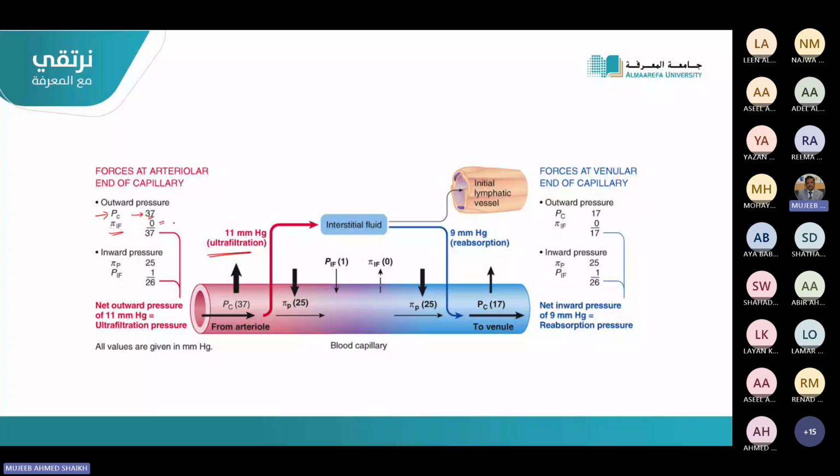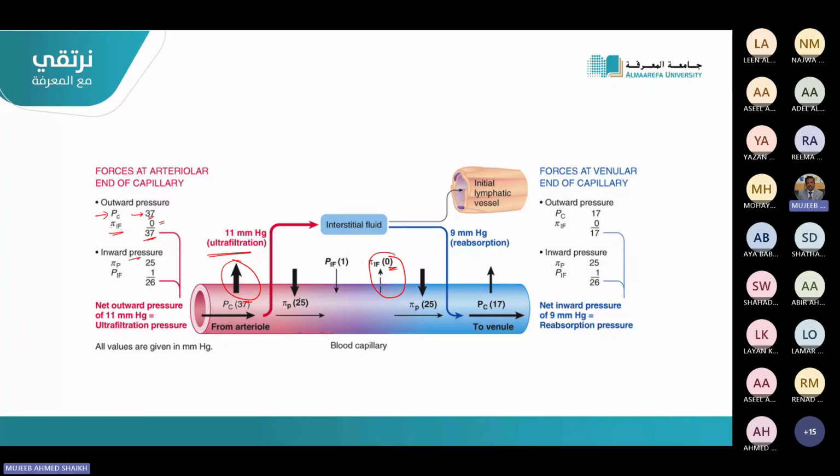Both are in the same direction. That's why you can see here this Pc arrow and this arrow. Just add these two. This is 0 and this is 37, so the total is 37.